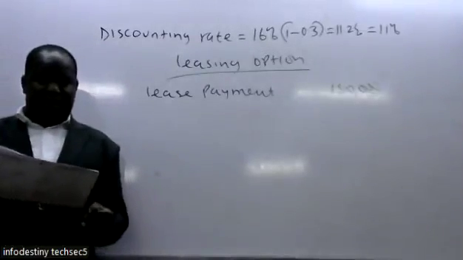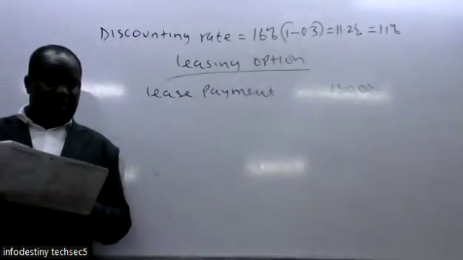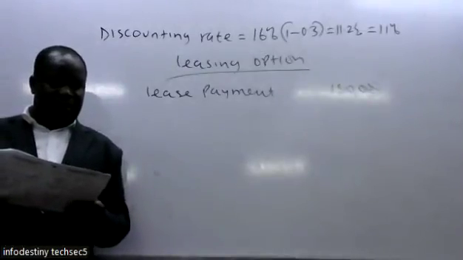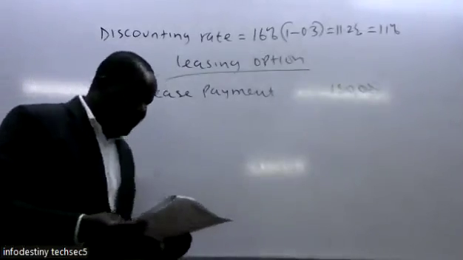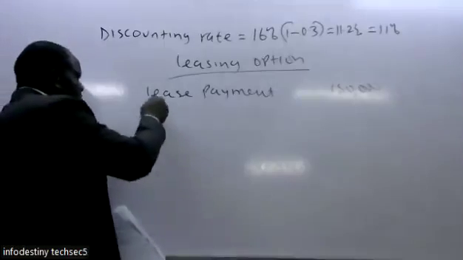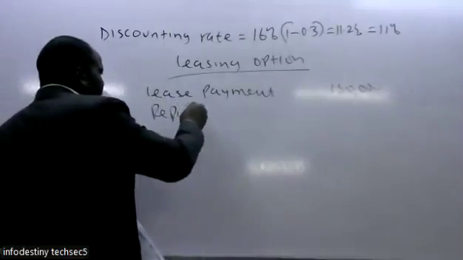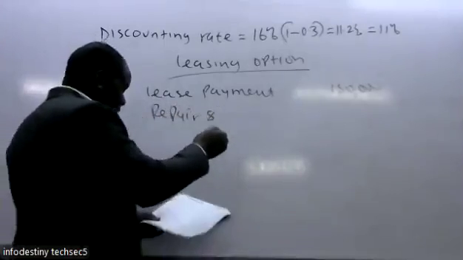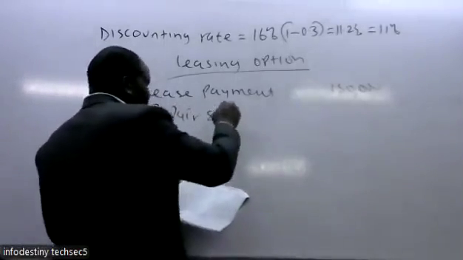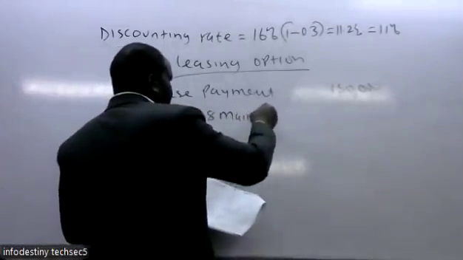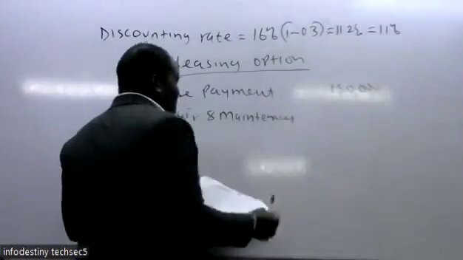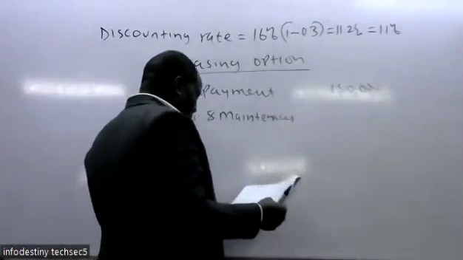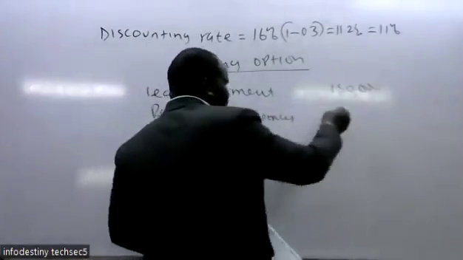Repair and maintenance costs are to be estimated at 100,000 per annum for 5 years. So repair and maintenance is 100,000.